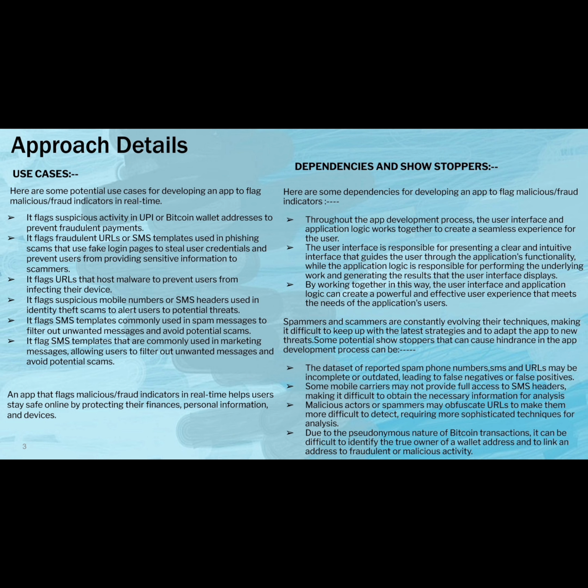For SMS, the app can detect SMS templates commonly used in spam messages and filter them out to help users avoid unwanted messages and potential scams. So these use cases are mostly helpful to defend against the frauds and scams that happen in daily lives.